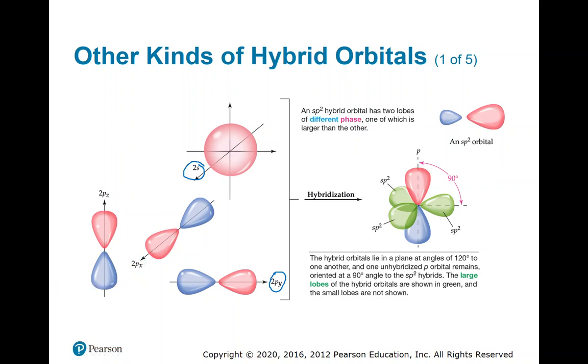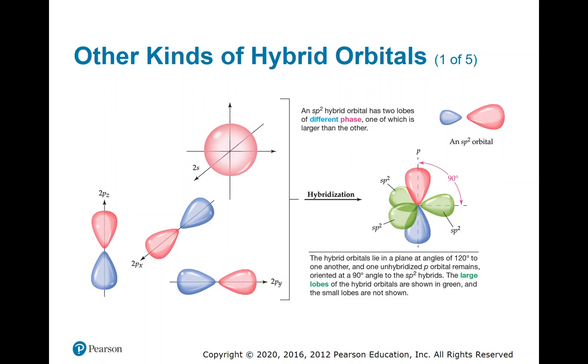Compared to an sp3 hybrid orbital, the sp2 orbitals are 1/3 s orbital character instead of 1/4. What that means is that the exclusively positive character of the 2s orbital is going to give us a similar shape to an sp3 hybrid orbital, except it's going to be even more lopsided. So the positive lobe is even larger and the negative lobe even smaller in an sp2 orbital than it is in an sp3 orbital.